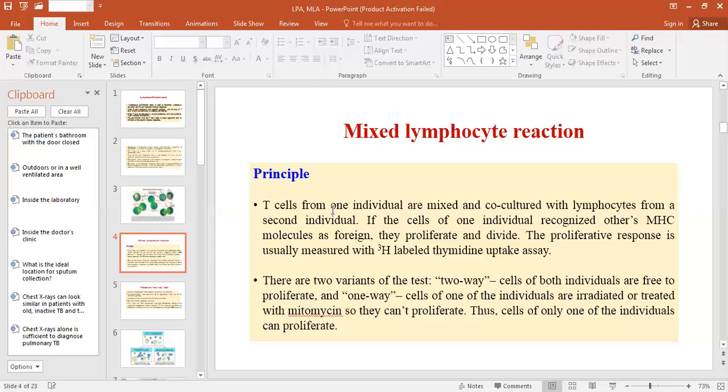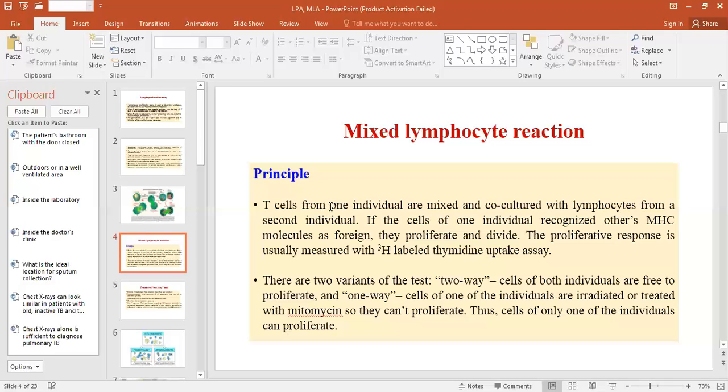So here also we have to co-culture. Two types of lymphocytes can be co-cultured: we have to take T cells from one individual and T cells from another individual, the second individual.